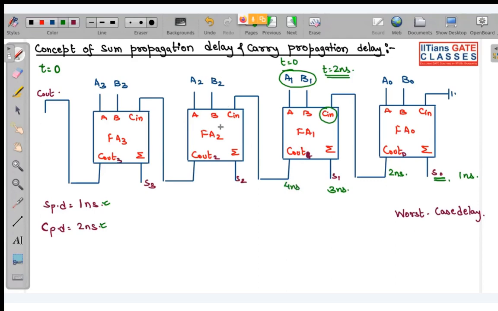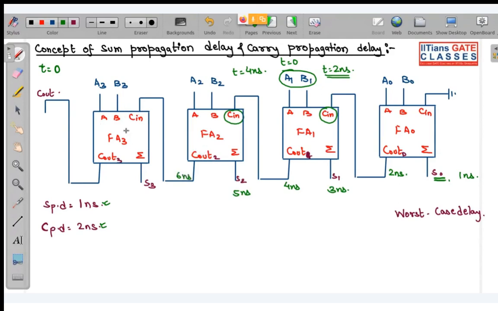So this full adder 2 will get its complete set of input at t equal to 4 nanoseconds, as it was waiting for this Cin to get stabilized. A2 B2 was applied at t equal to 0, but this Cin was missing. So we got this at 4 nanoseconds. So after 5 nanoseconds, meaning 4 plus 1, this sum will be stabilizing, and after 6 nanoseconds we will get this Cout.